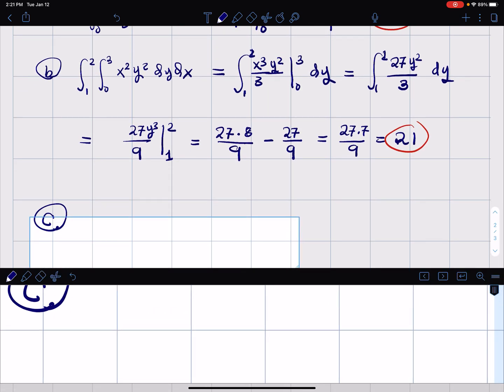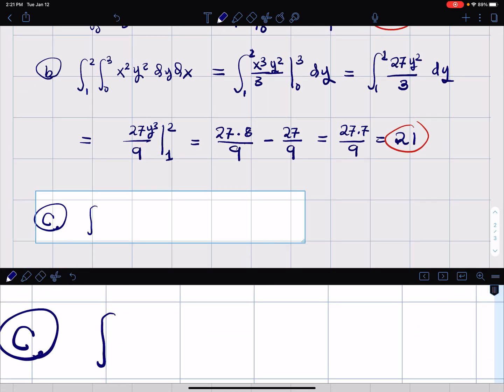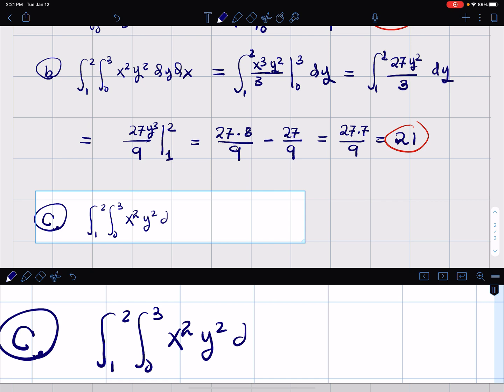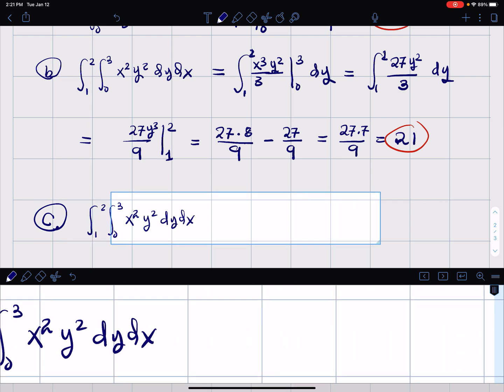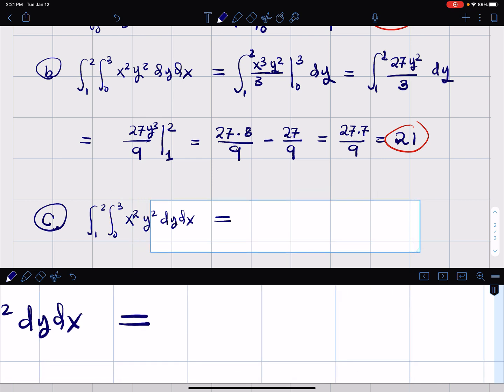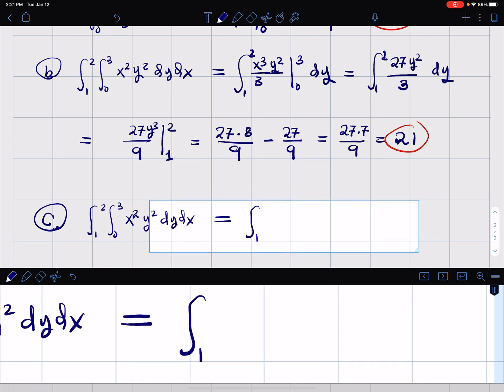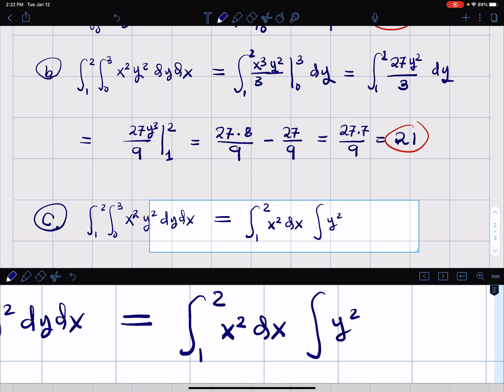Okay? All right. So you see this integral we did? 1 to 2, 0 to 3, x squared, y squared, dy dx. I'm going to solve it in another way. I'm going to break it up: 1 to 2 of x squared, I'm going to put the x here, and then I'm going to write y squared 0 to 3 dy.